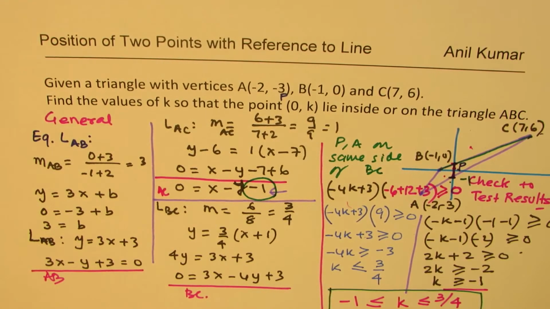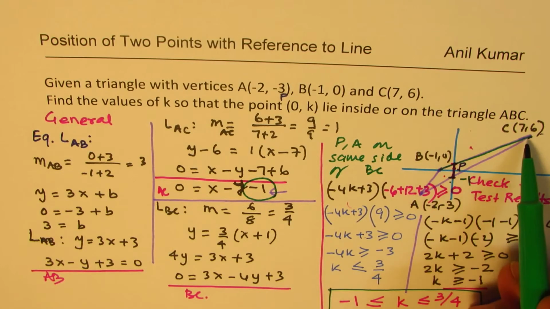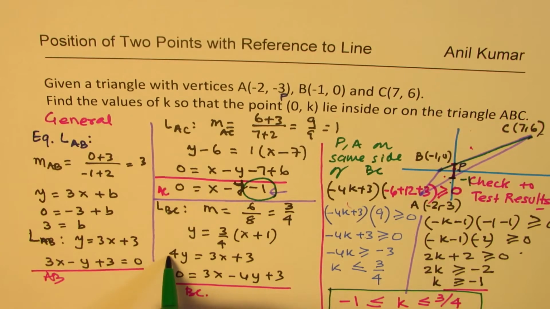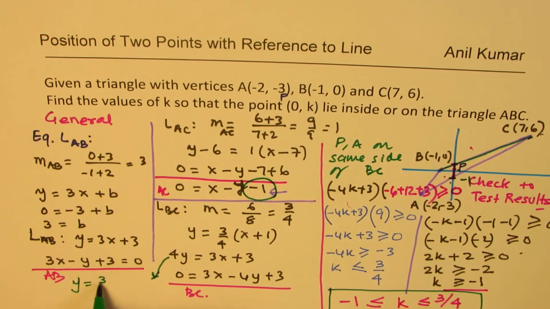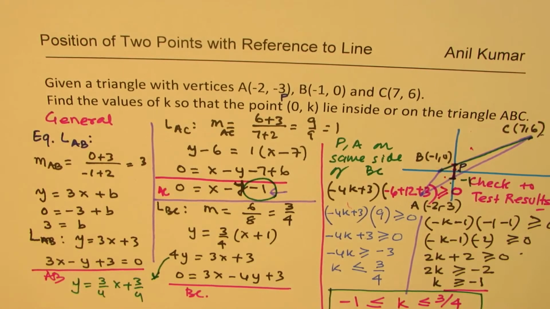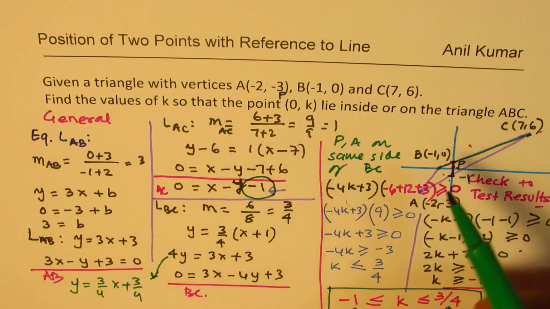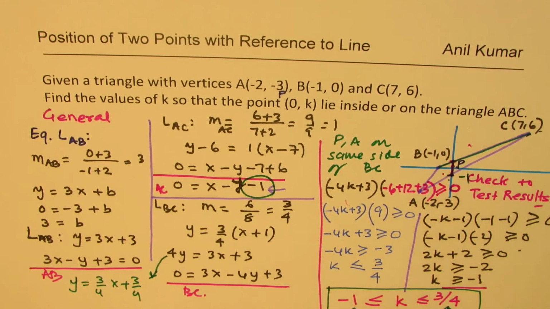And what is the y-intercept for line BC? For line BC, the y-intercept is 3 over 4. This is the equation, correct? So if I write this as y equals 3 over 4 x plus 3 over 4, the y-intercept is 3 over 4. Do you see that? So the result is exactly what we were thinking about. That is, it will be between the y-intercepts.